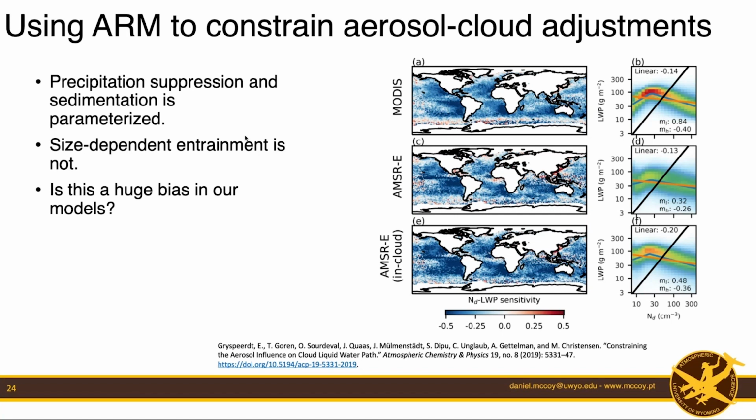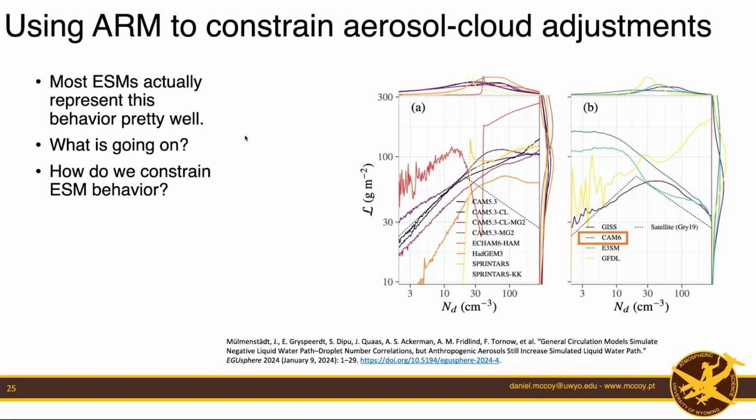If you look at recent ESMs, and this is from Johannes Mülmenstädt's recent paper, there's a negative correlation that appears between liquid water path and ND, even though size-dependent entrainment isn't explicitly parameterized. So a natural question is, what is driving this behavior, and can we have agreement with the observations?